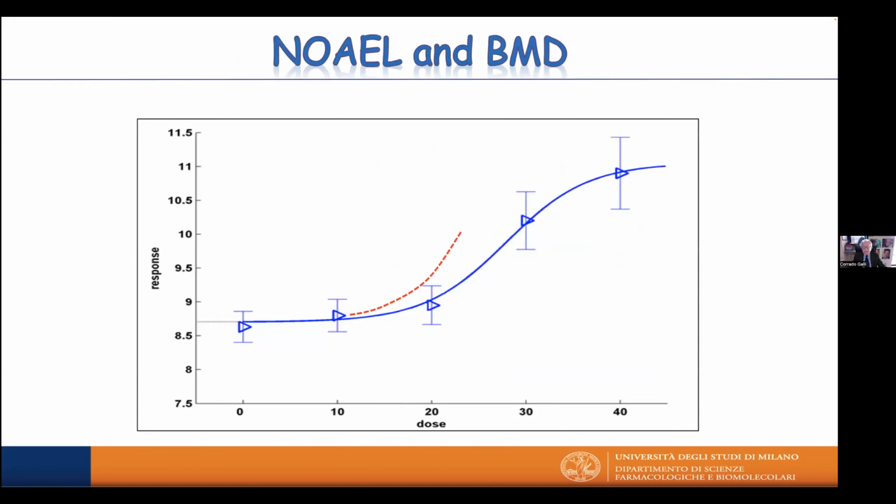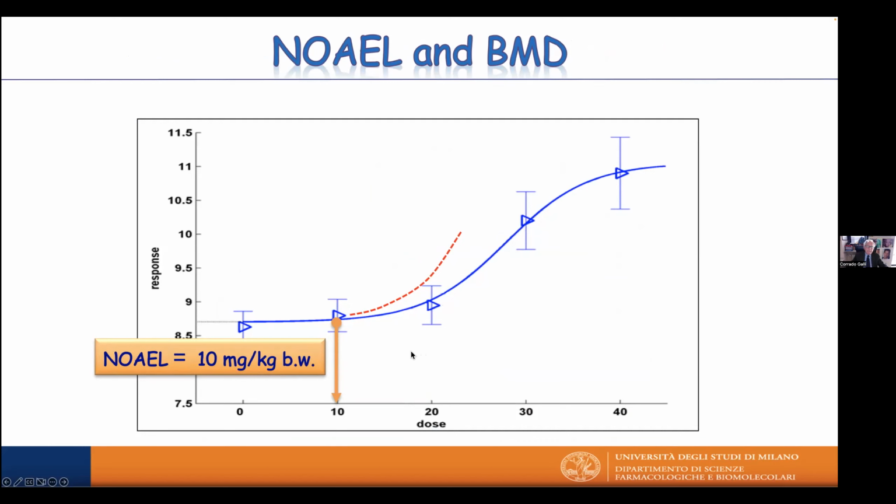Now, let's again try to define the difference between the NOAEL and the benchmark dose. It's not so different, because the NOAEL is something that you choose when you draw the design of your experiment, because when you design your experiment, you decide some doses.